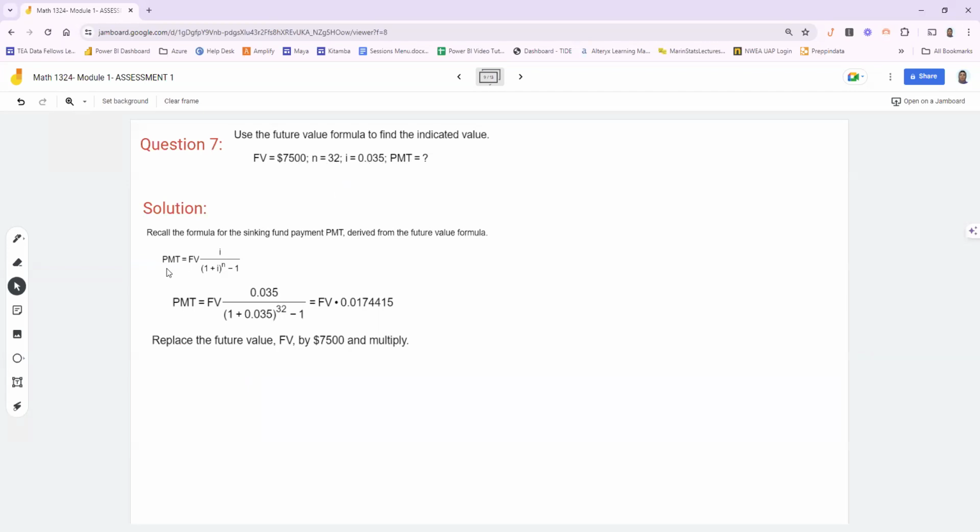If you isolate the PMT value on that formula, to find your periodic payments you have to multiply your future value by I over 1 plus I to the power of n, minus 1. If you plug in all the given numbers, the future value, the n value and the I value, and put them into the calculator, you can find the answer for this question.